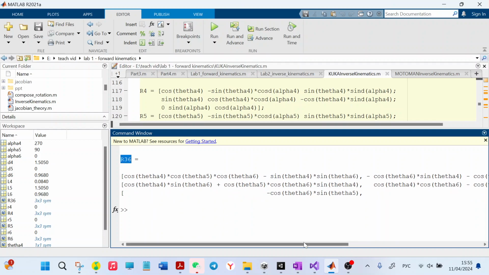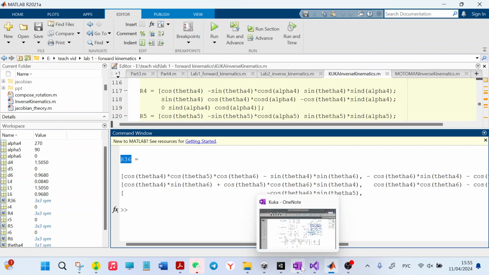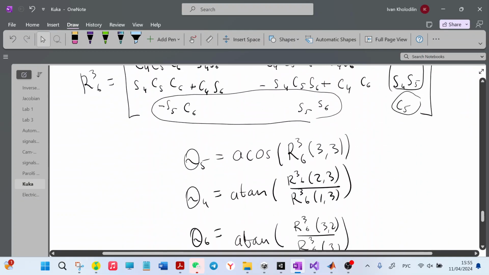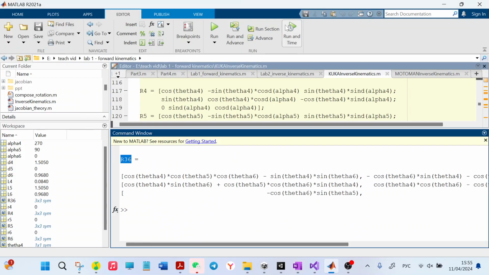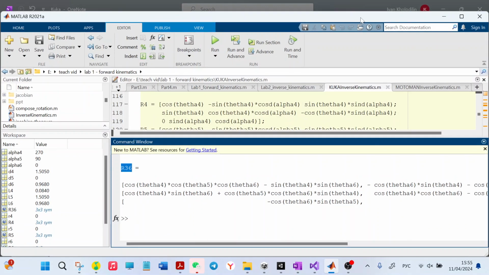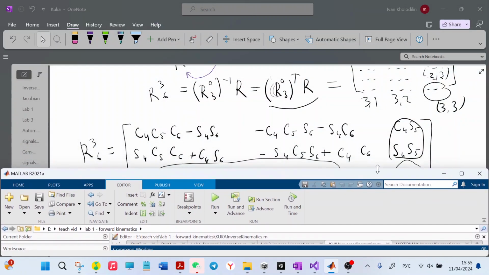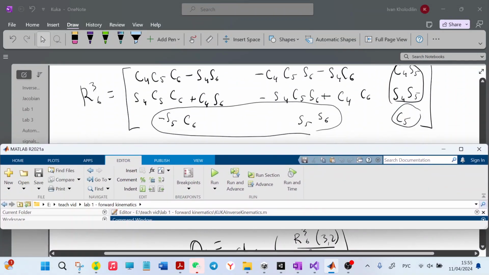Matrix R36. That's the same as what I wrote here. C means cosine, S means sine, just to simplify it a bit. If you take a look at this, it will be similar to what I wrote here.